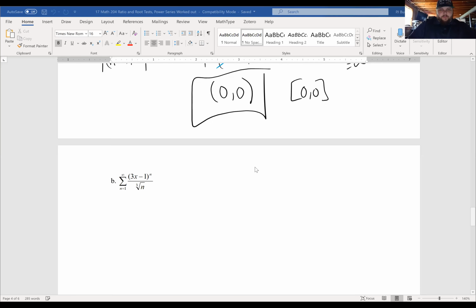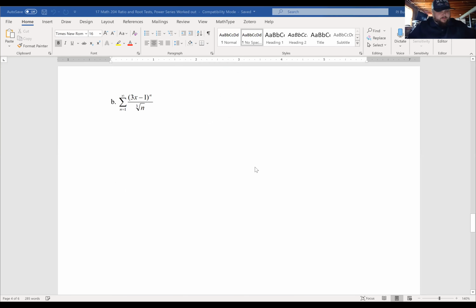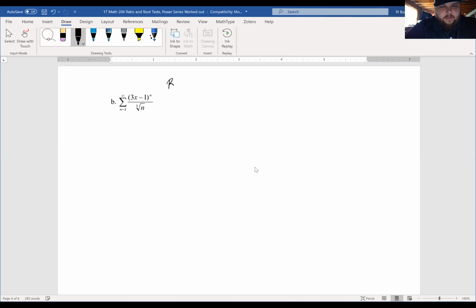All right, so just as a quick review, let's go ahead and do this problem that I gave you guys last time, just to make sure that you feel comfortable with these. So I'm going to start with the ratio test again. So I need the limit as n approaches infinity, absolute value, 3x minus 1 to the n plus 1.